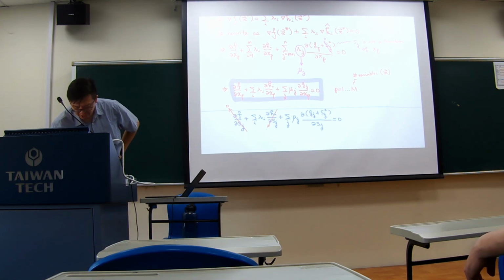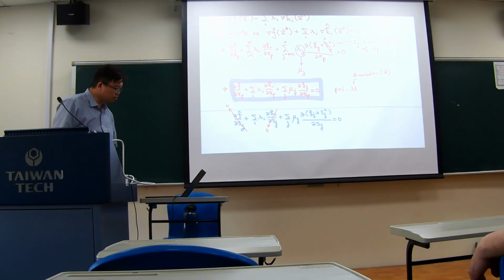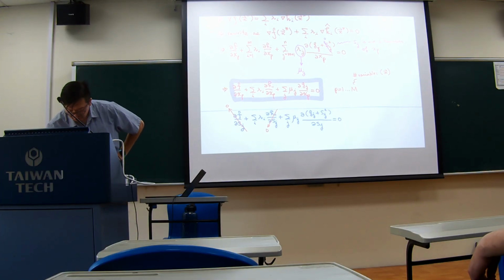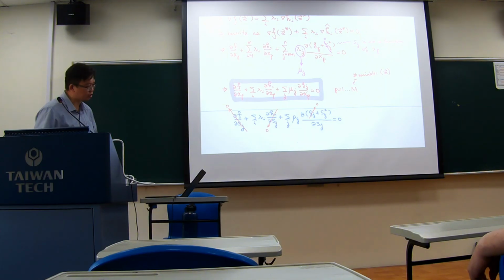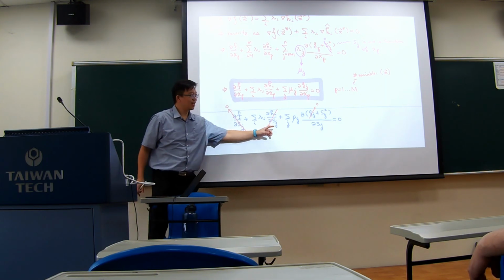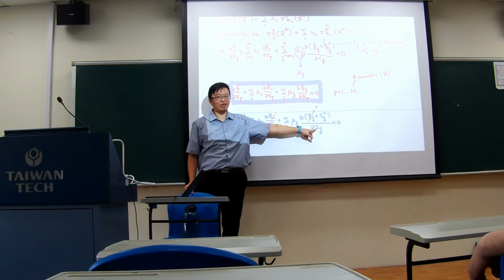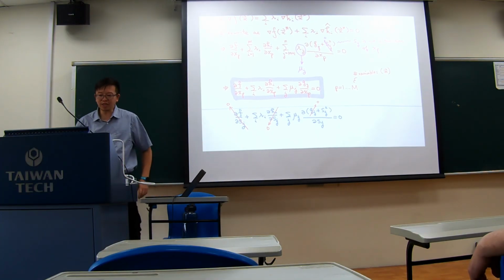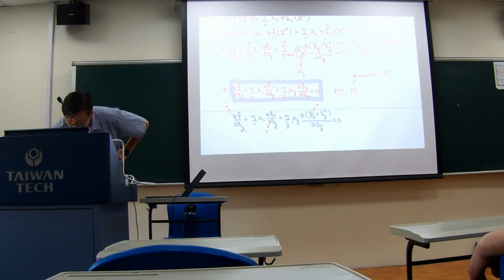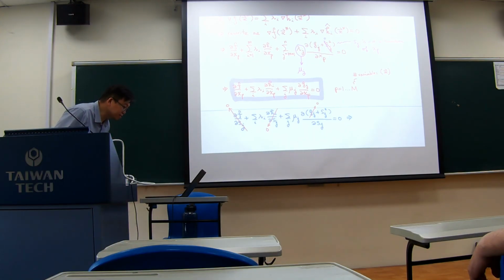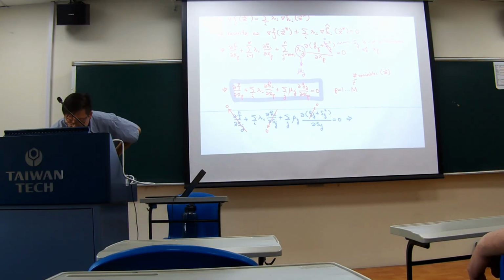This will be 0 because h has nothing to do with s. This will be 0 as well because g has nothing to do with s. Only s itself has relationship with s. So this implies what? 2 times Sj mu j has to be 0.